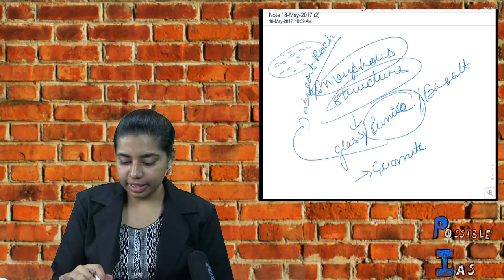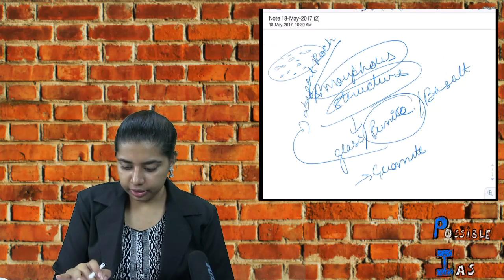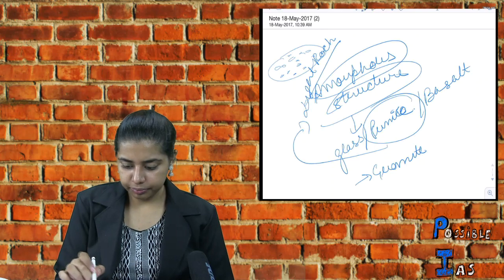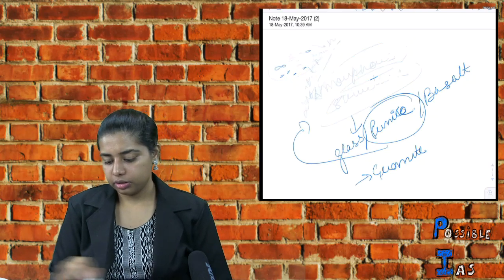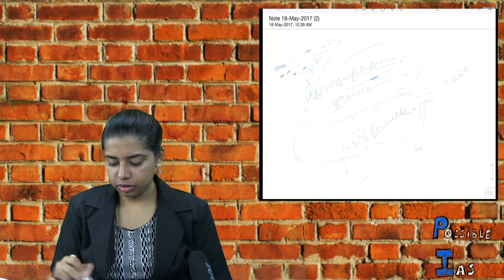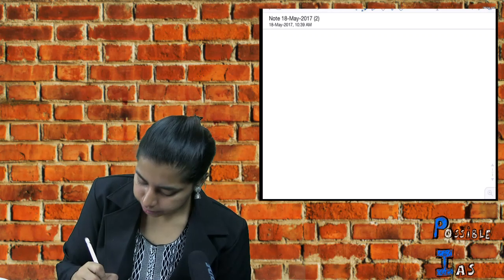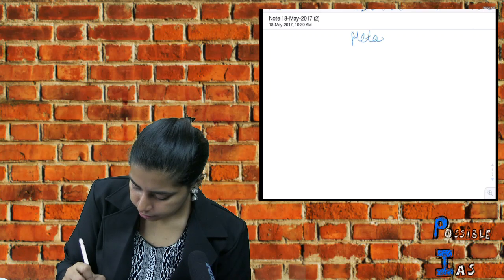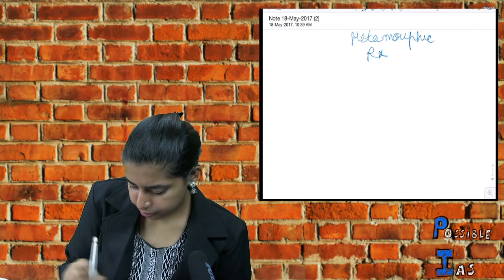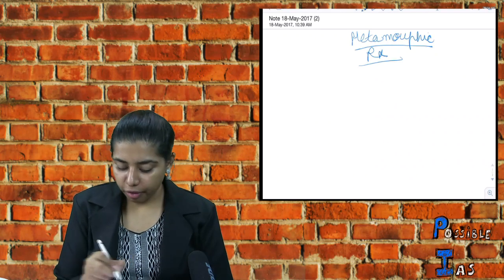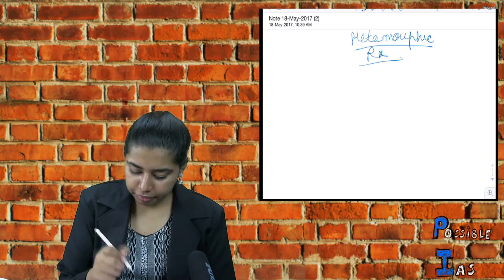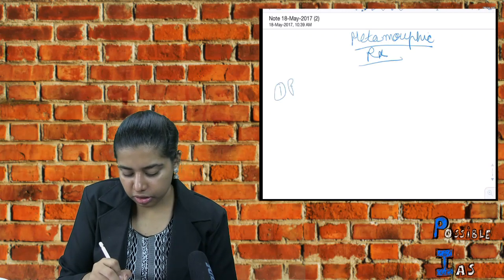Okay, so now the next type of rocks that we have to study are the metamorphic rocks. So what are metamorphic rocks? Metamorphic rocks are formed from rocks which have been previously present on the surface of earth.